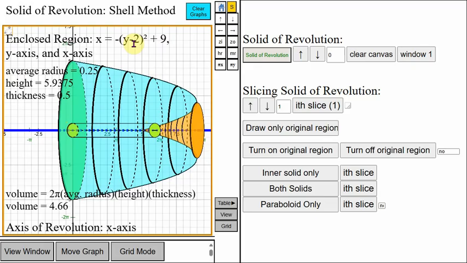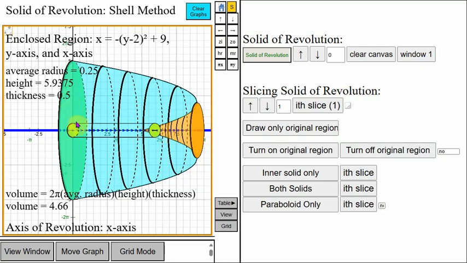To get the height, we can use this equation right here, x equal to negative (y minus 2) squared plus 9, and in place of y, we replace y with 0.25. And that will give us a height of 5.9375.